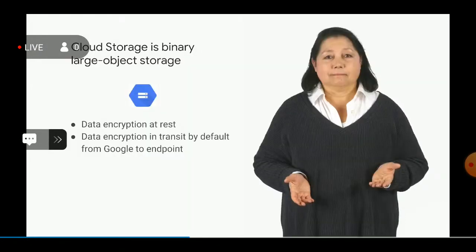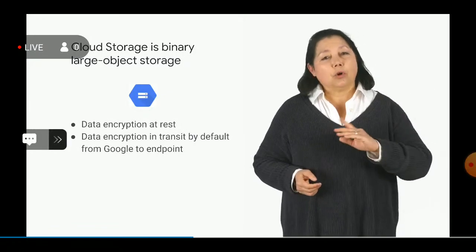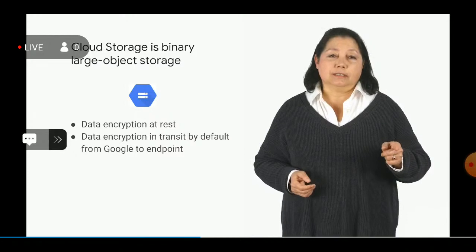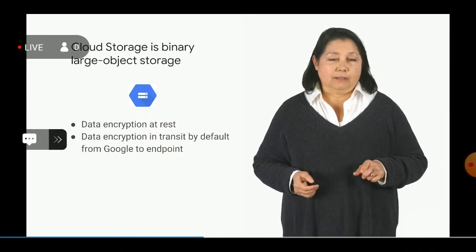Instead, cloud storage is comprised of buckets you create and configure and use to hold your storage objects. These storage objects are immutable, which means that you do not edit them in place, but instead you create new versions. Cloud storage always encrypts your data on the server side before it is written to disk, and you don't pay extra for that.